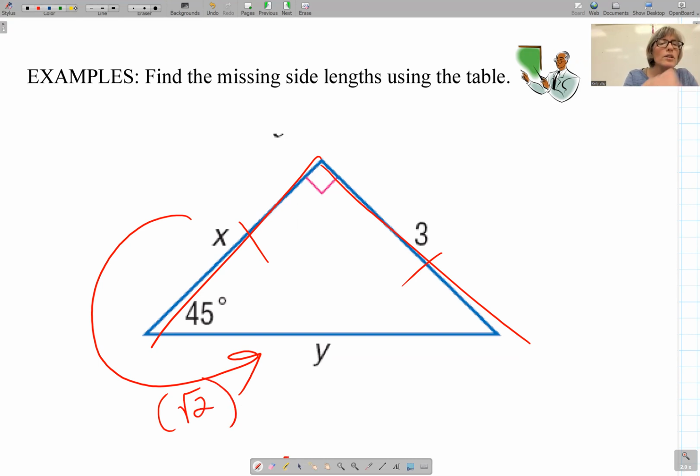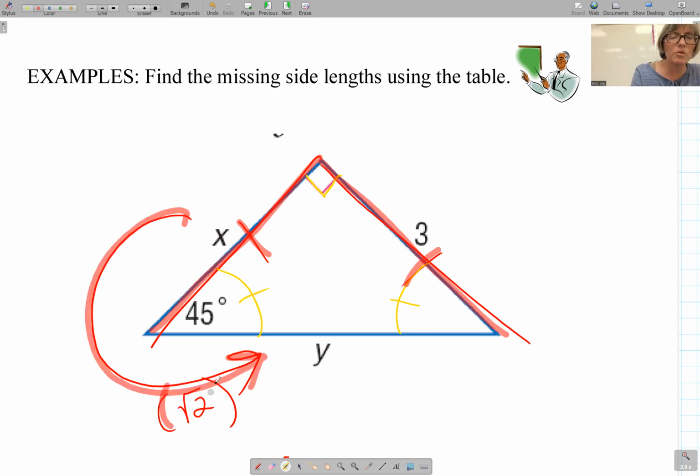I traced the angles. They're equal because it's 45, 45. I went over the right angle. Then the legs are equal. I mark them equal. Make sure you're marking the legs equal. Then draw an arrow from the leg to the hypo. Our function box is times root 2.